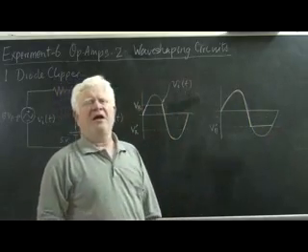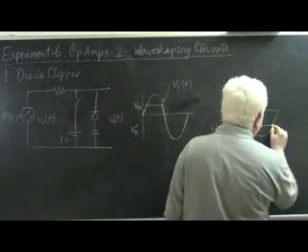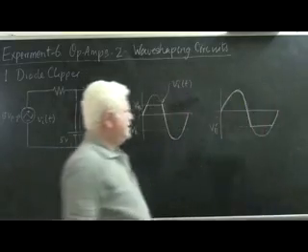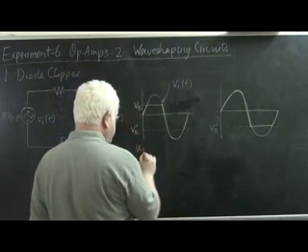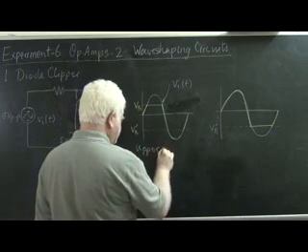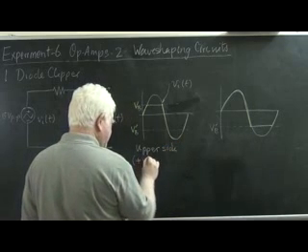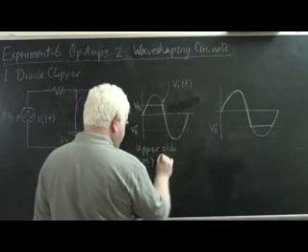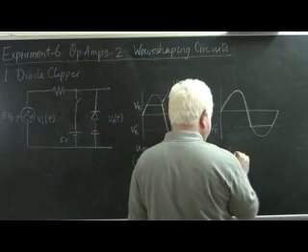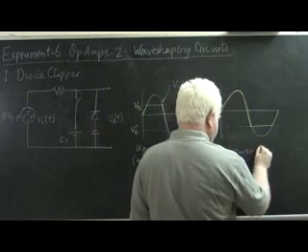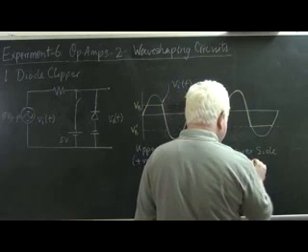And beyond this point, when again the input rises above VB dash, we go back to copying the input to the output. This is the upper side clipper, or positive clipper. And this is the lower side or negative clipper.